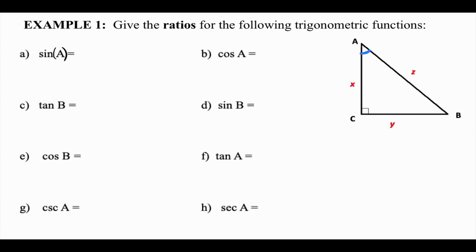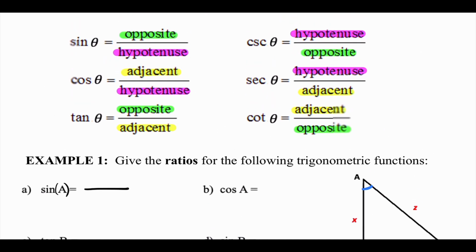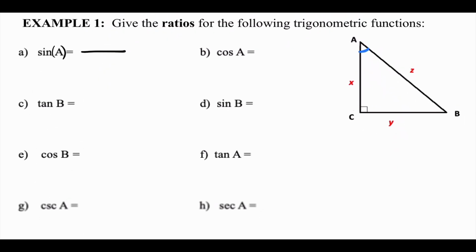So it says sine, and sine is opposite over hypotenuse. What side is opposite of A? Y, right? Y is the facing side.